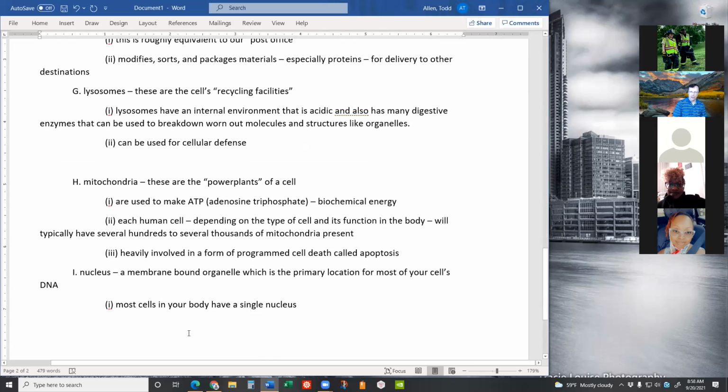Your skin cells on the surface of your arm, one nucleus. Kidney cells making up your kidneys, one nucleus. Thyroid cells making up the thyroid, one nucleus per cell. But there are some notable exceptions.